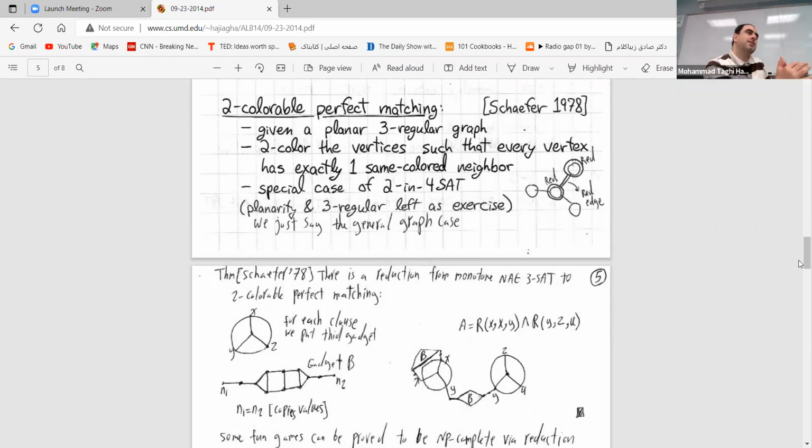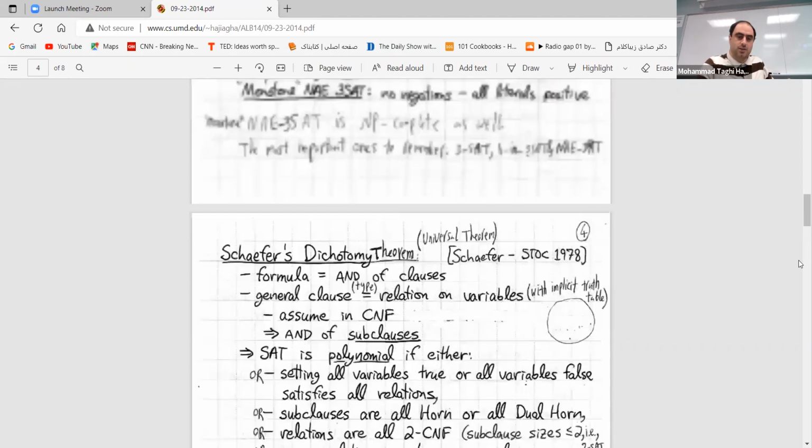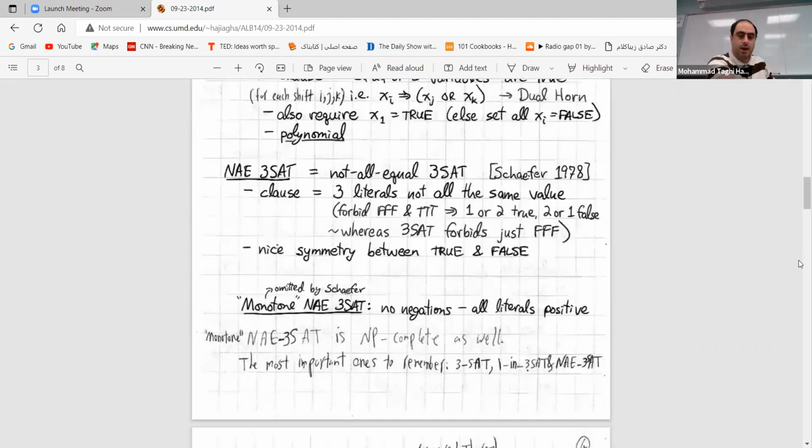But as I mentioned, these variations are very important. Sometimes if you just use 3-SAT, it might be hard to prove. But if you use one-in-three SAT, or not-all-equal 3-SAT, or actually monotone not-all-equal 3-SAT, then the problem becomes much easier to prove. And we will see some examples of that next time.